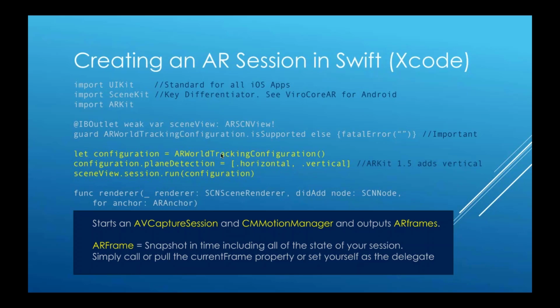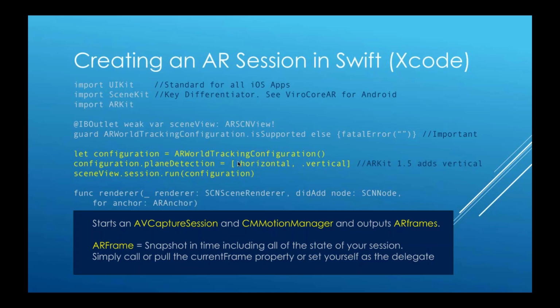It's that simple. Now, under the hood, I want to make it clear that not only is ARKit using SceneKit and the AR SCN view, but under the hood, when you create the session, Apple's dipping into AV Foundation. They're creating an AV capture session for you.